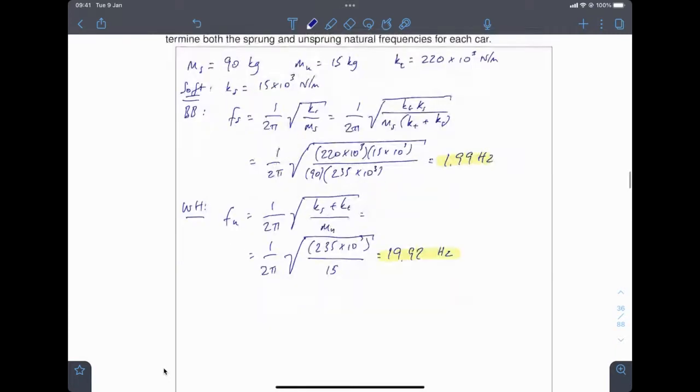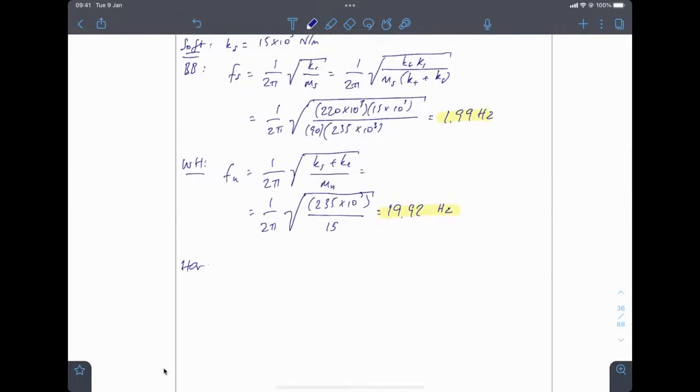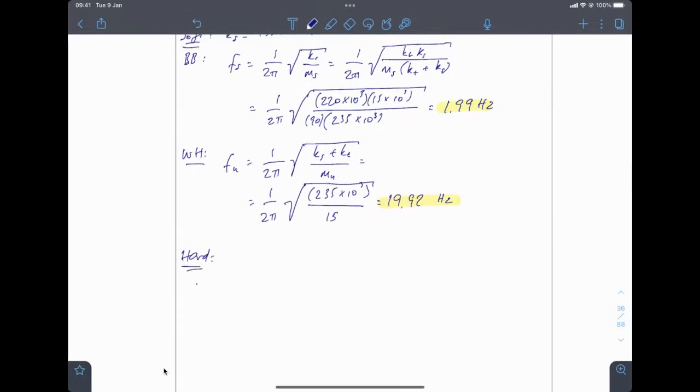For the vehicle with hard suspension, we've got the same equations. Body bounce, so the frequency is 1 over 2 pi. This time we've got 220 times 10 to the 3, 150 times 10 to the 3, and at the bottom we've got 90, and then 370 times 10 to the 3, adding those two things together.